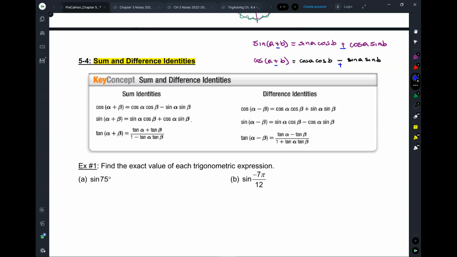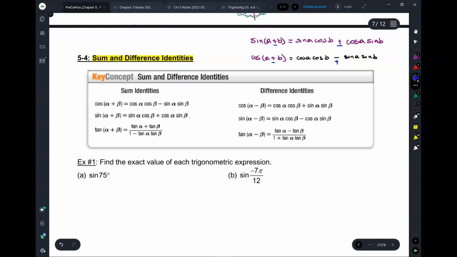Well, this is one way that we can find, like, sine of 75. So let's see how. If you take an angle, and you write it as a sum or difference of two special angles, then you can use these identities to evaluate them. So that's what we're going to do.